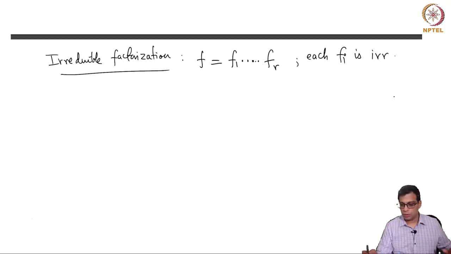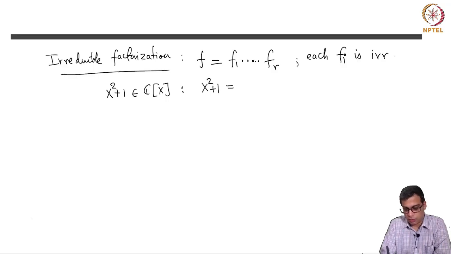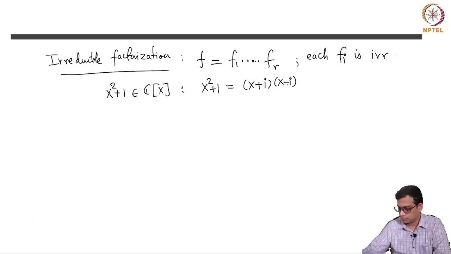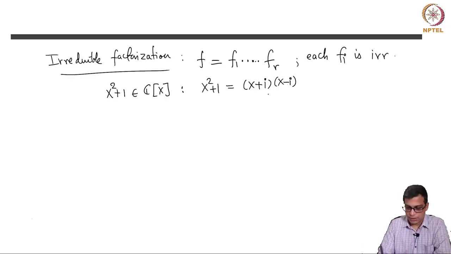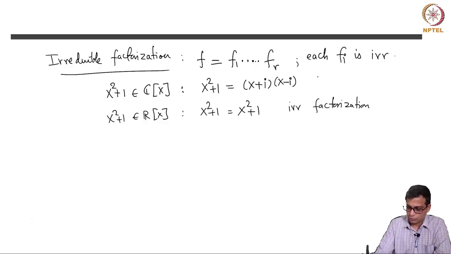For example, x squared plus 1 in C[x] has the irreducible factorization x squared plus 1 equals (x plus i) times (x minus i). This is the irreducible factorization, but in R[x] it is already irreducible. So x squared plus 1 is x squared plus 1. This is the irreducible factorization, and here it is the irreducible factorization.